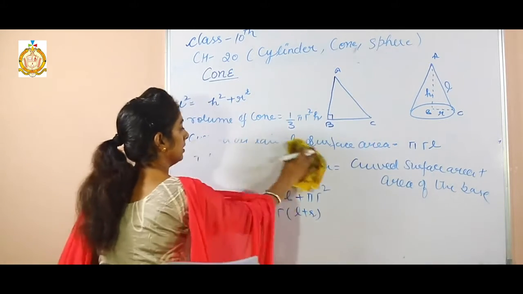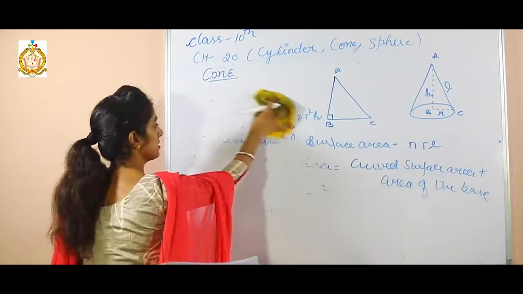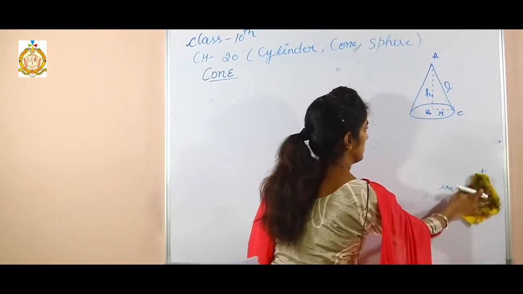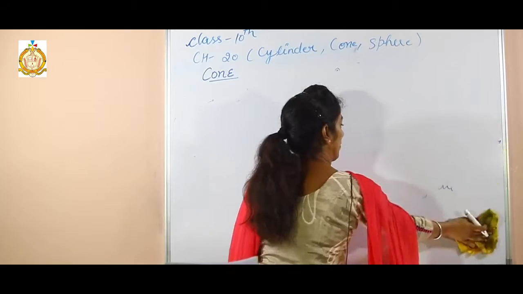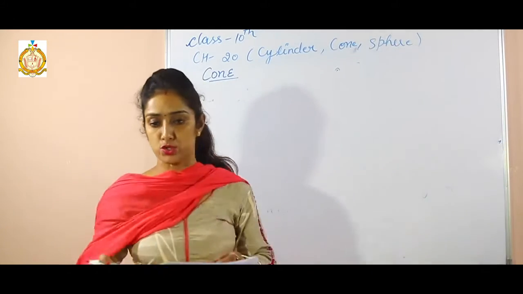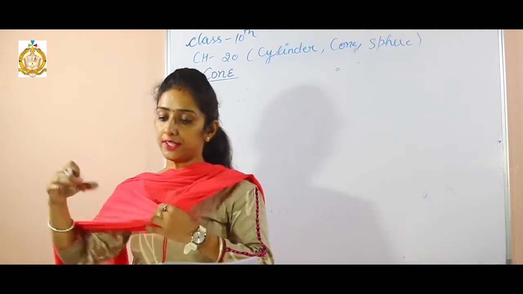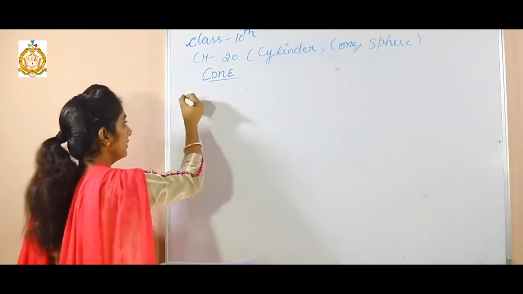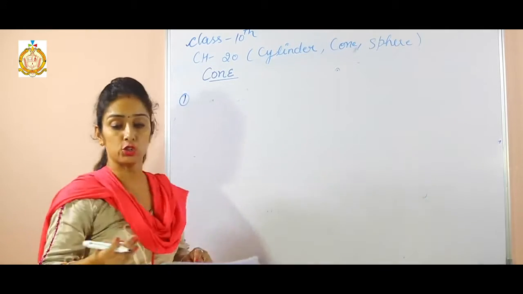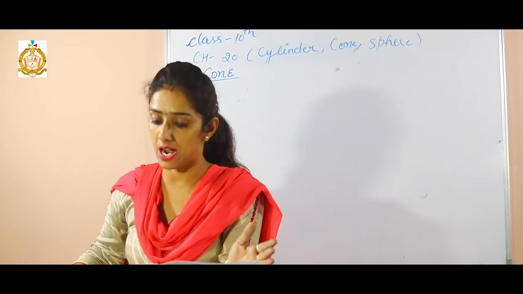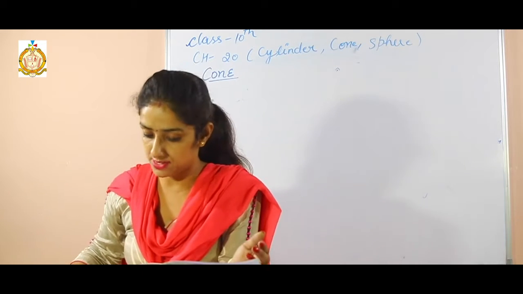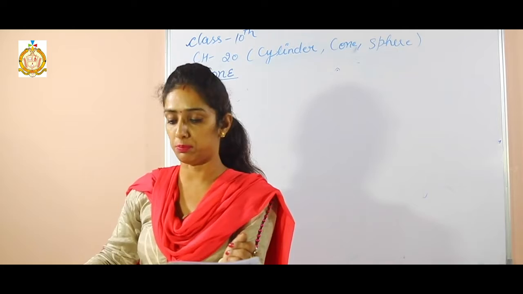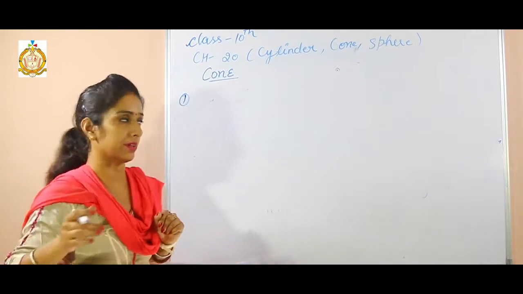Now see, there are some examples. In the first question, find the volume of a cone whose slant height is 17 centimeter and radius of the base is 8 centimeter.